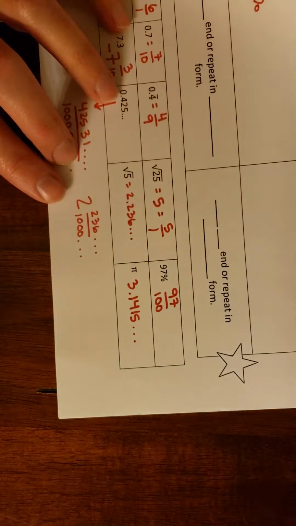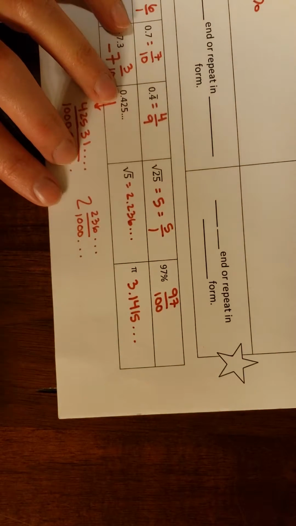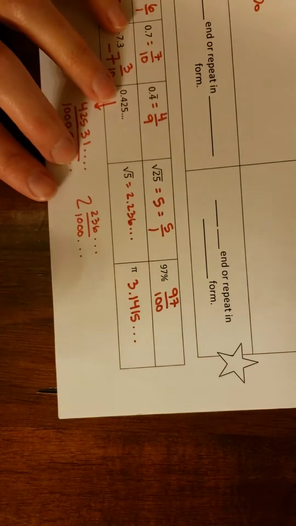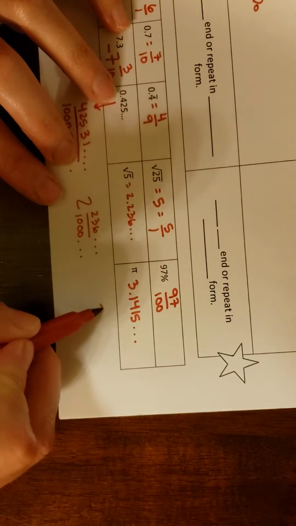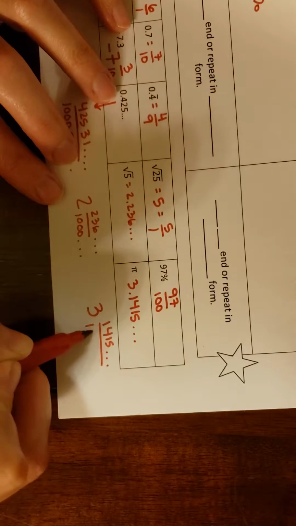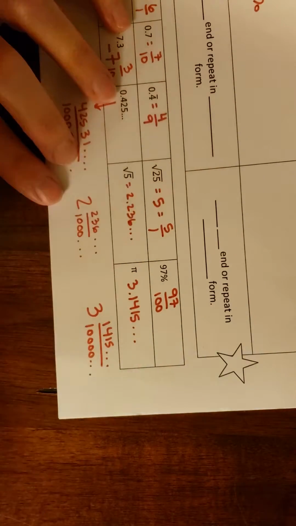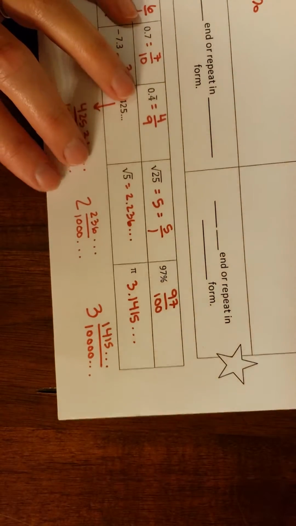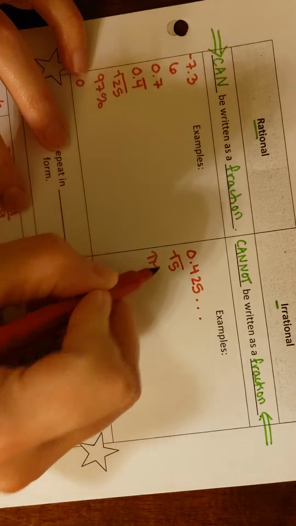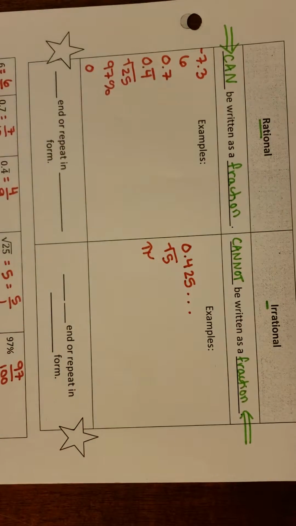It's the relationship of a circle's circumference and diameter, and we'll talk about that later this year. But again, it's an example of a fraction that can never be completed because the decimal keeps going on and on. And so it cannot be written as a fraction.